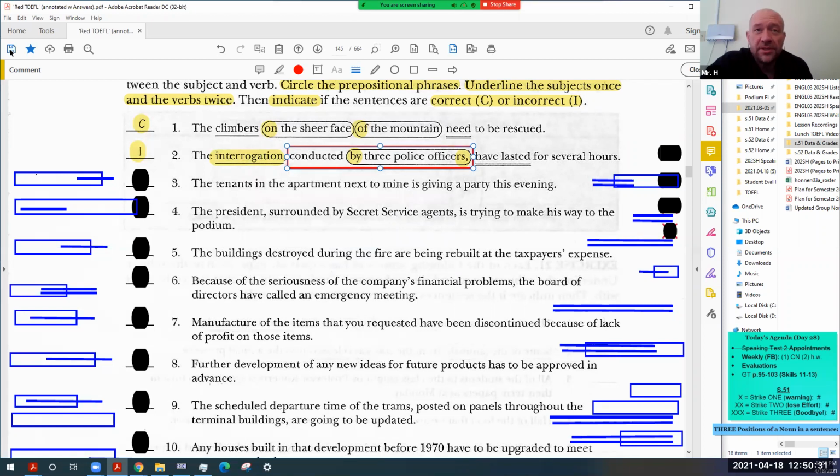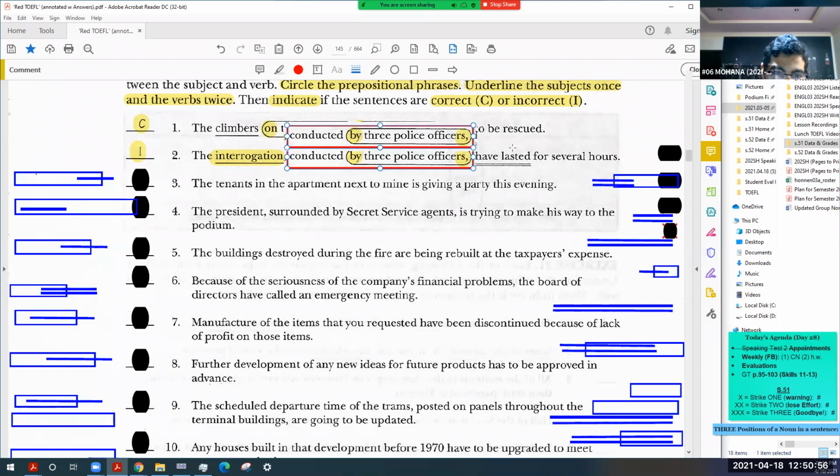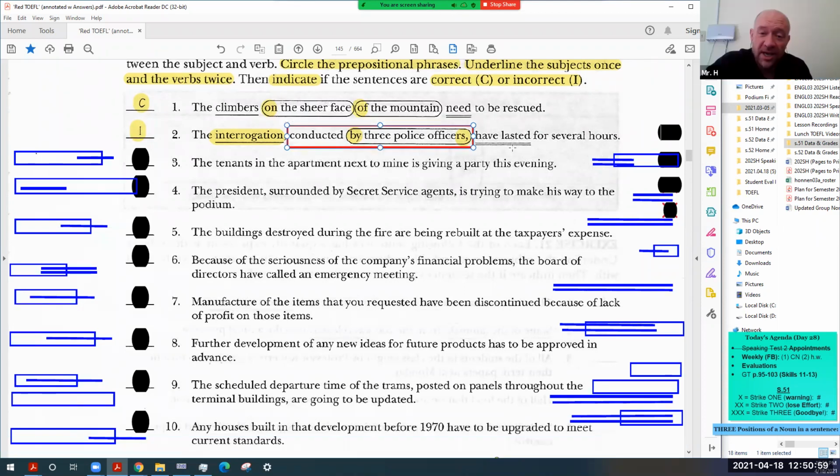All right, gentlemen, do you think you know how to fix this? How do I fix this? Just replace have with has. Change have to what? To has, okay. Why should I change it to has? What's the reason for that? Because interrogation is singular. So we want to put has.